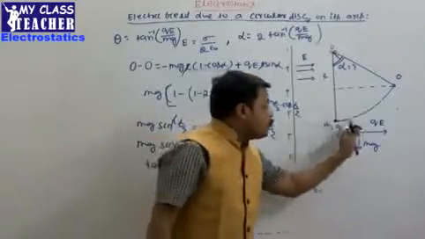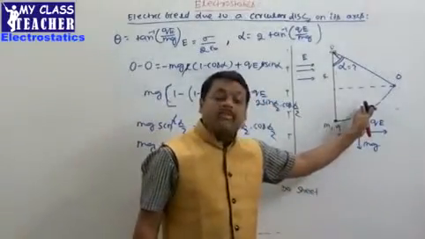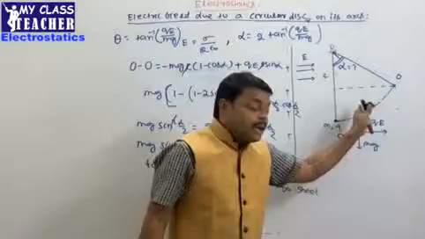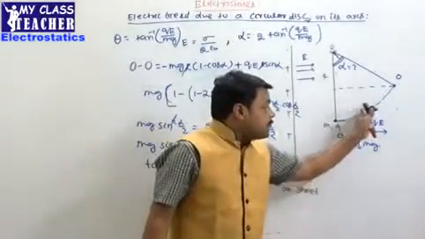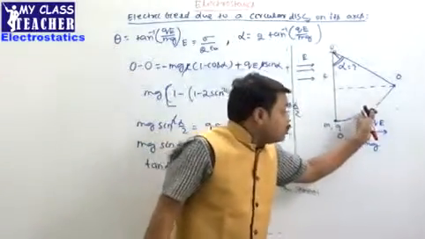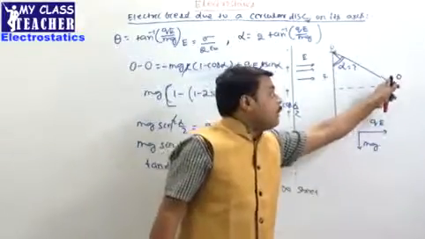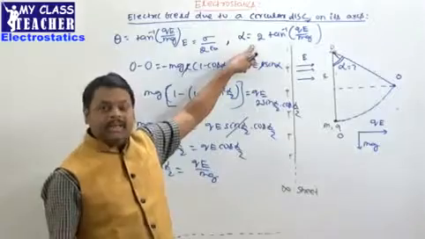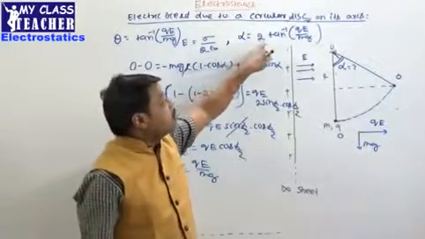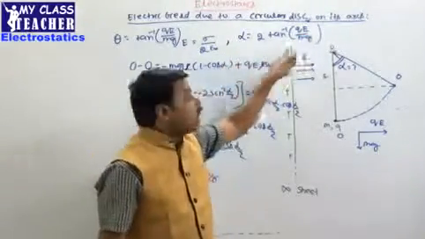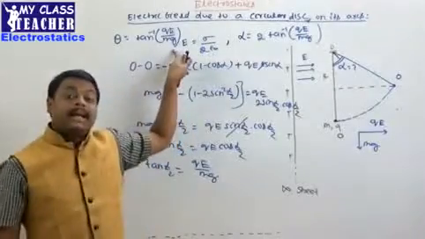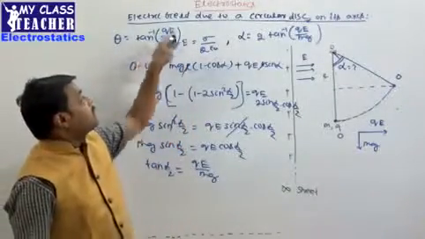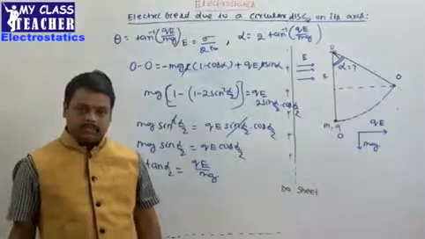That means from 0 to tan inverse QE by mg, the velocity increases. Here velocity becomes maximum. Then the deflection from here to here will be repeated as additional deflection, and the particle will return from here. So the maximum angle rotated by the string, that is the maximum angular deflection, is 2 tan inverse QE by mg, whereas the angular deflection in equilibrium is tan inverse QE by mg.